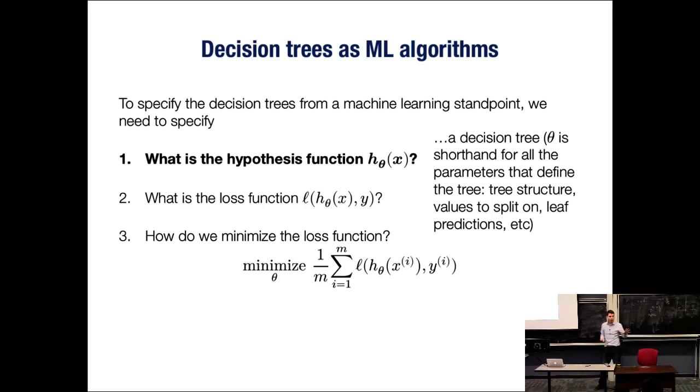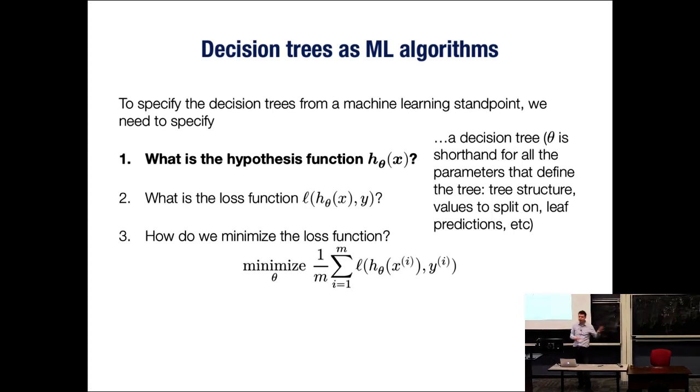But I'm going to forego all that and just say, look, theta defines the structure of and values in the tree here. I'm going to use that a little bit informally and just say that when we find theta, the parameters of the tree, we're actually going to be determining the structure and the predictions of that tree.